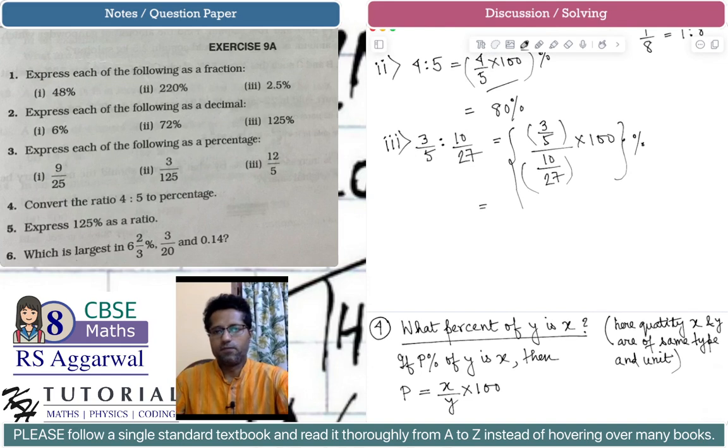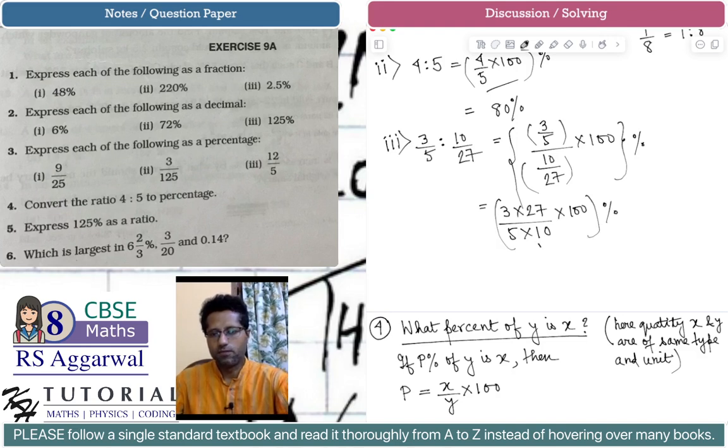Now if we simplify, we get 3 multiplied by 27 and 5 multiplied by 10, into 100. I took a wrong value earlier.